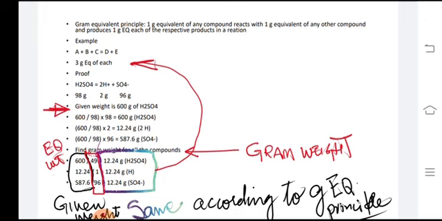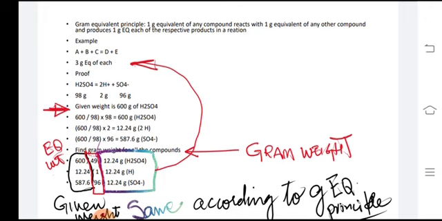Using the unitary formula. Simply find it here: 600 divided by 98 and multiplied by the molecular weight. Multiplying by 2, we will get 12.24 grams, and multiplying by 96, we will get 587.6 grams.